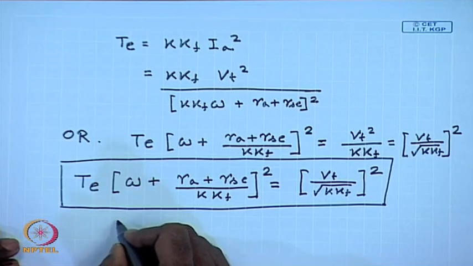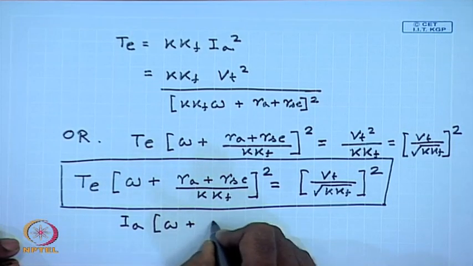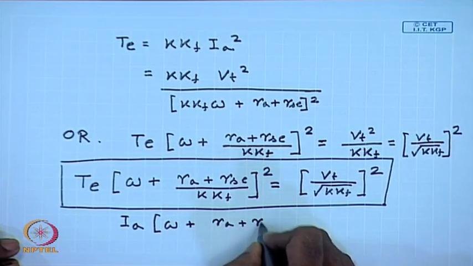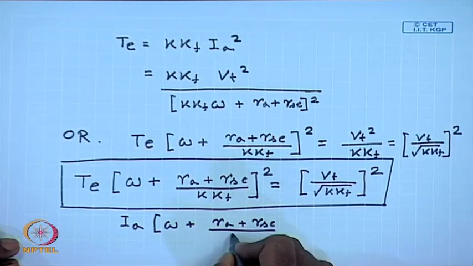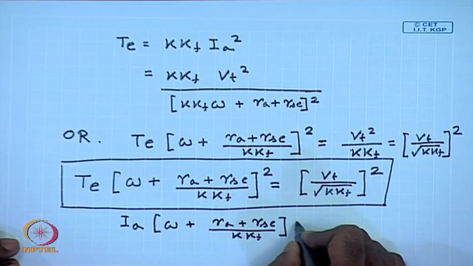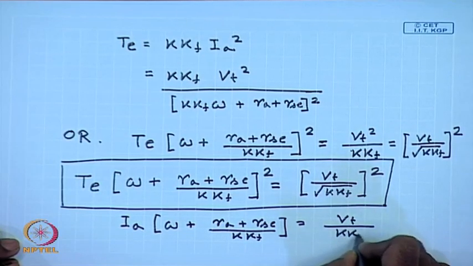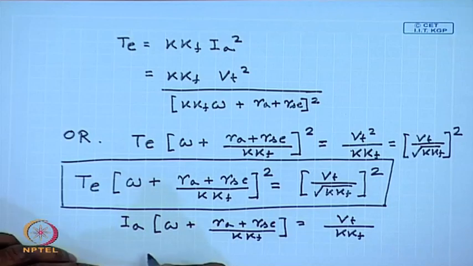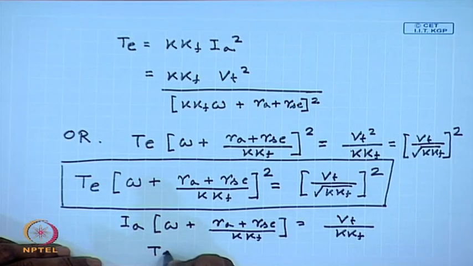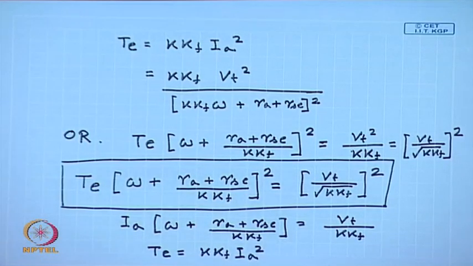The current speed characteristics is this, and the torque current characteristics is this. Let us now draw them.